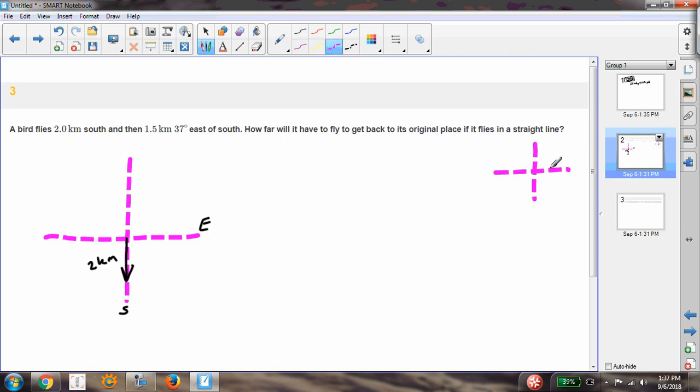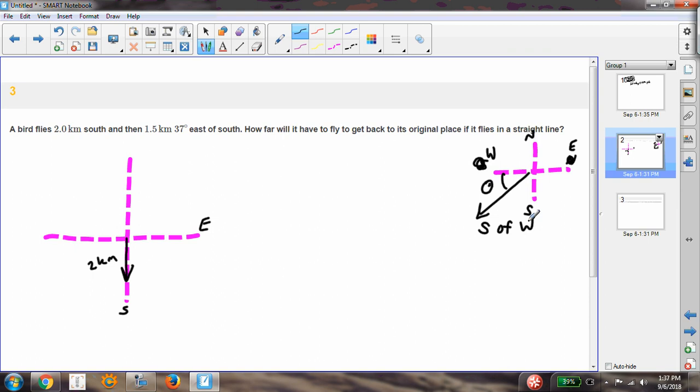Remember before, we had north, east, south, and west. I said that if I give you an angle like this, this angle, for example, would be south of west.